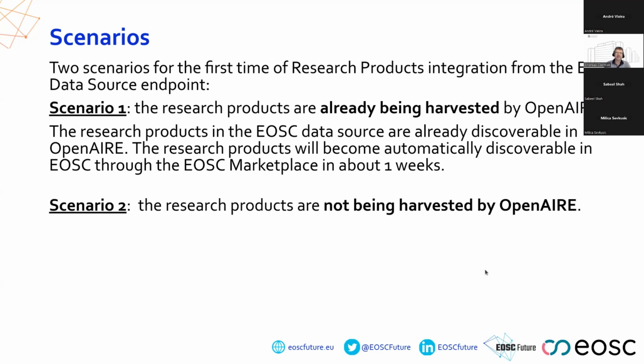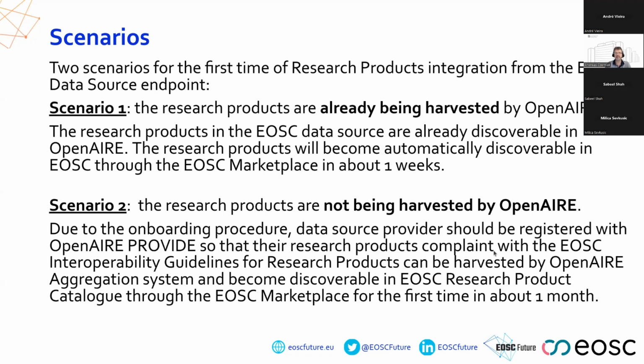The second scenario is that the research products are not being harvested by OpenAIRE. So the data source is not known in OpenAIRE, and the first aggregation in OpenAIRE is not done.